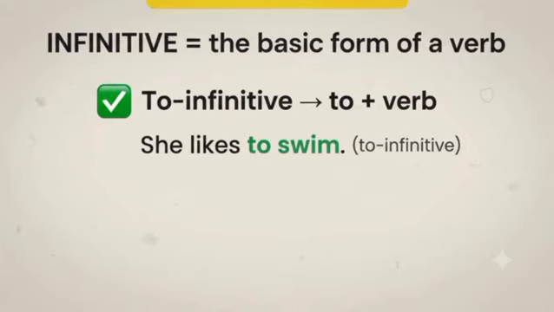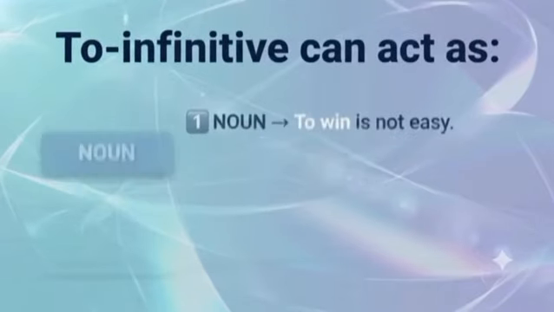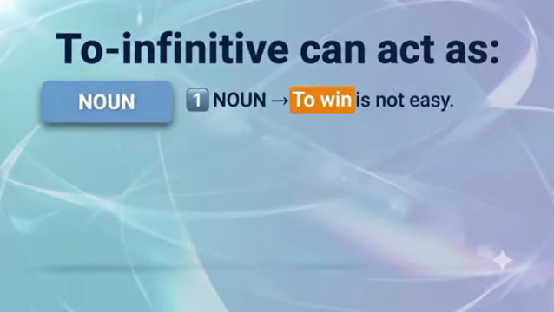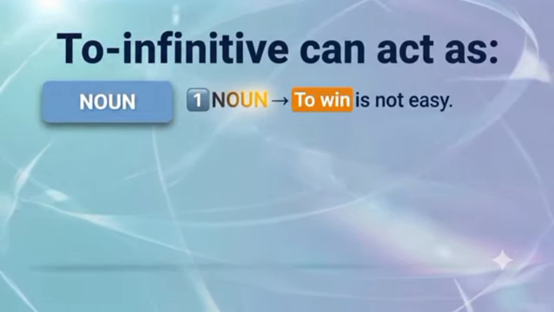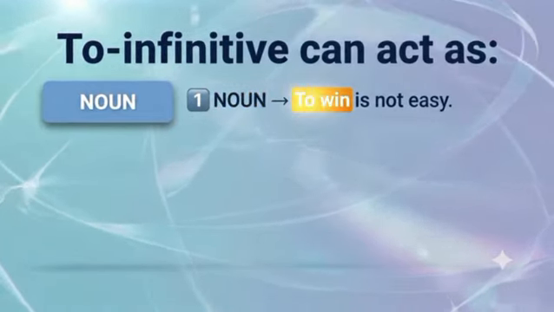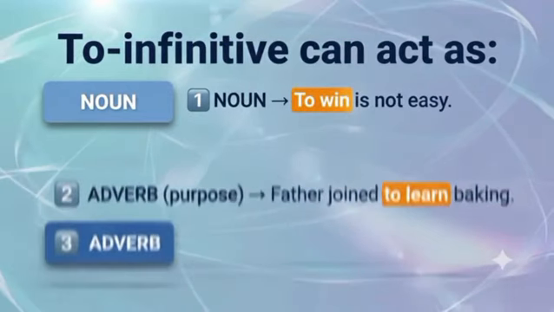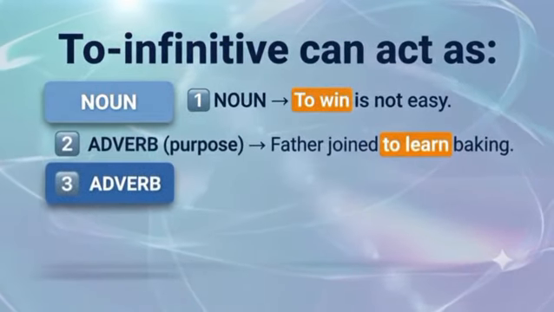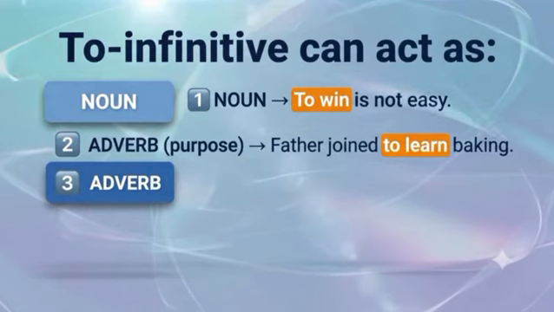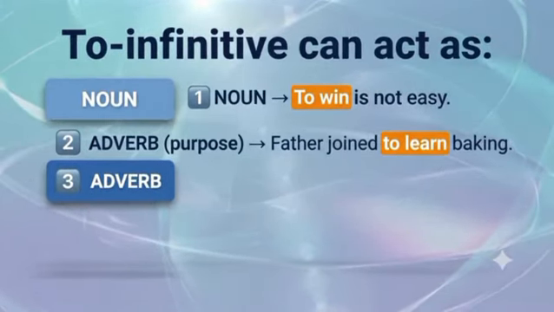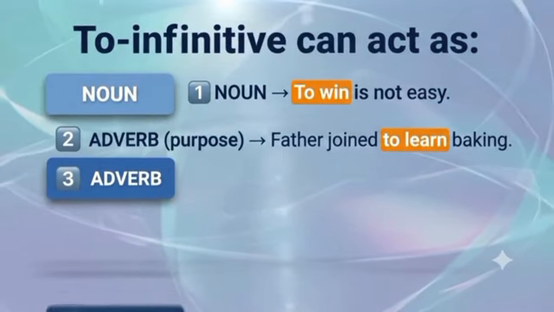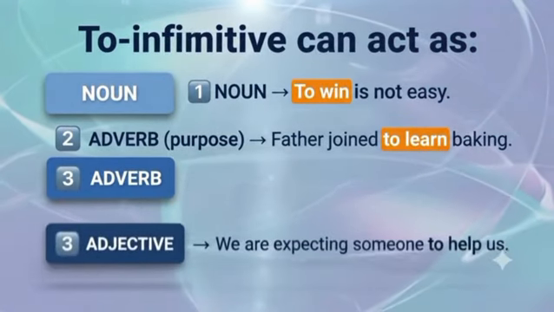First, the to infinitive isn't just one thing, it plays three different jobs in a sentence. As a noun, for example, to win is not easy. Here, it's the subject. As an adverb showing purpose, for example, father joined the class to learn baking.